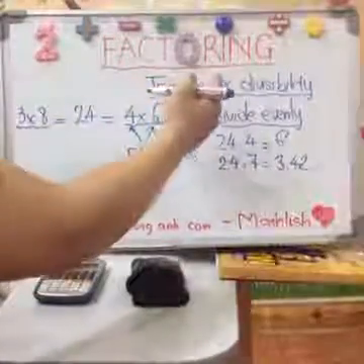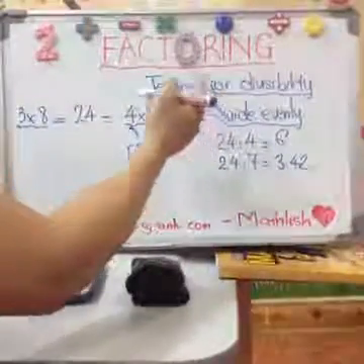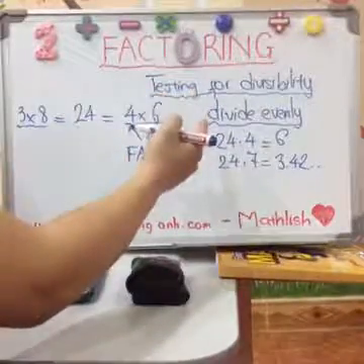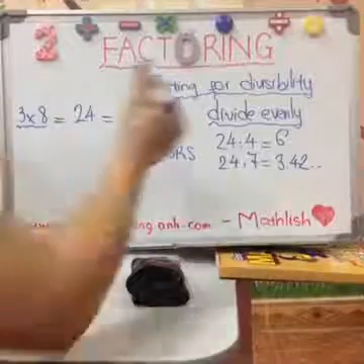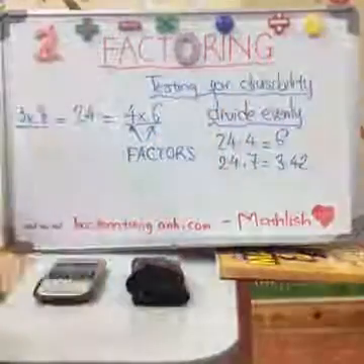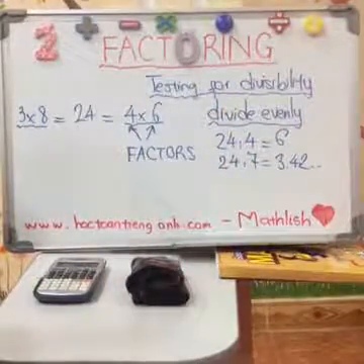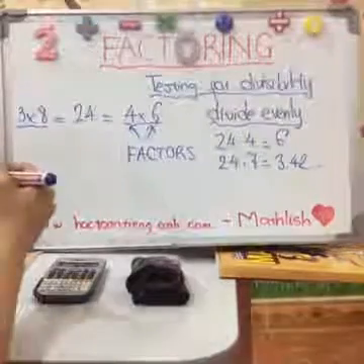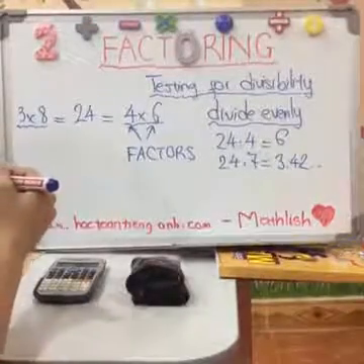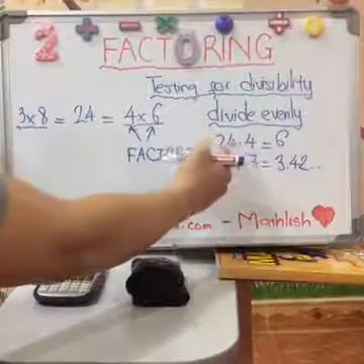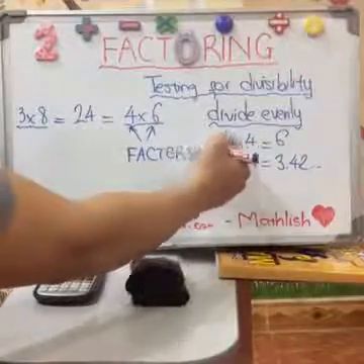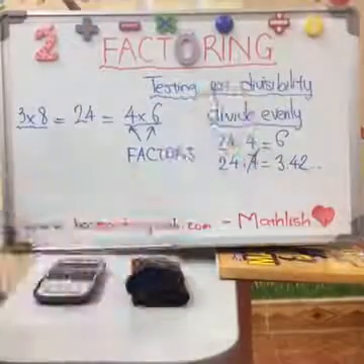Testing for divisibilities is a way to find out if a number is a factor of other numbers. With the test we just did, we confirmed that 4 is a factor of 24, but 7 is not.